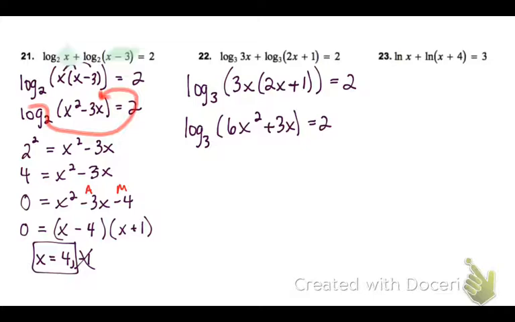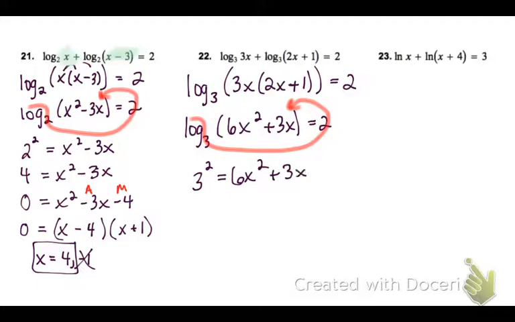So 3 squared equals 6x squared plus 3x. 3 squared is just 9. And subtract over my 9. Oh, minus.